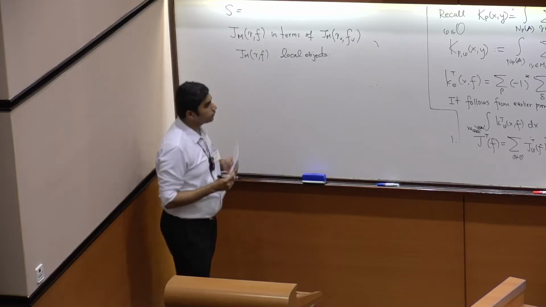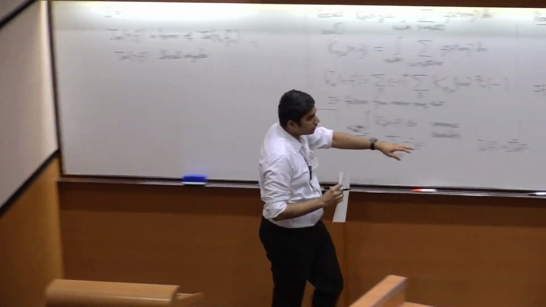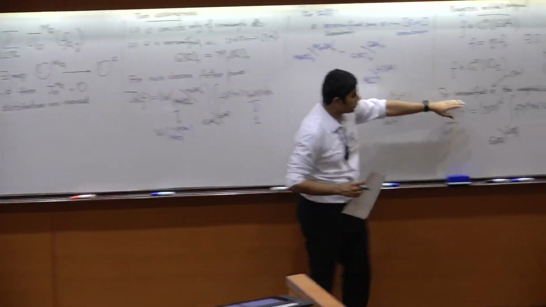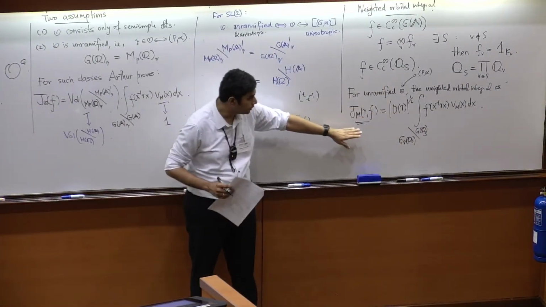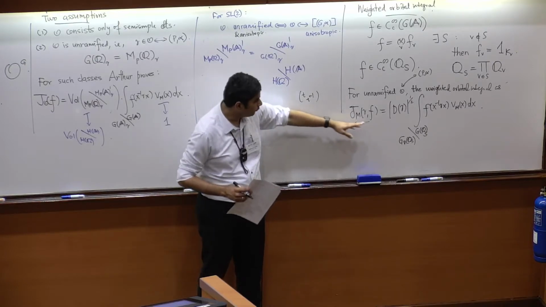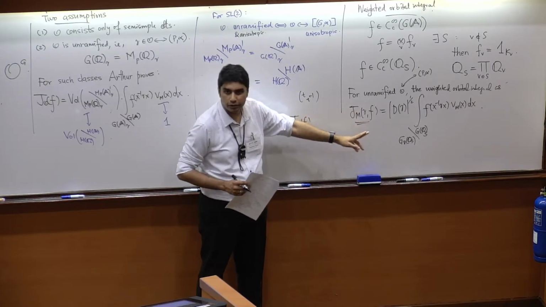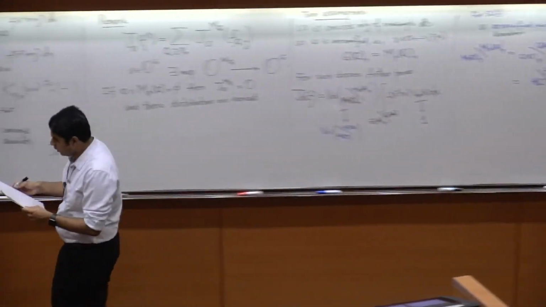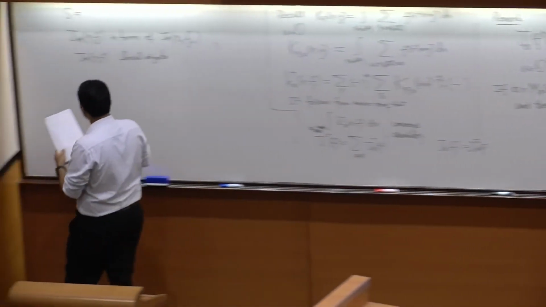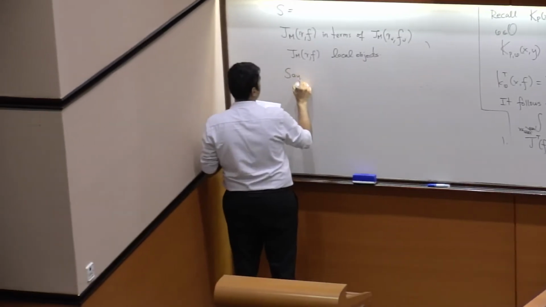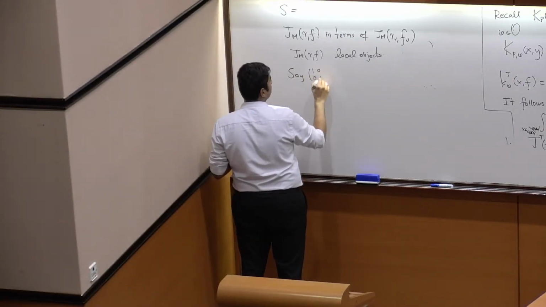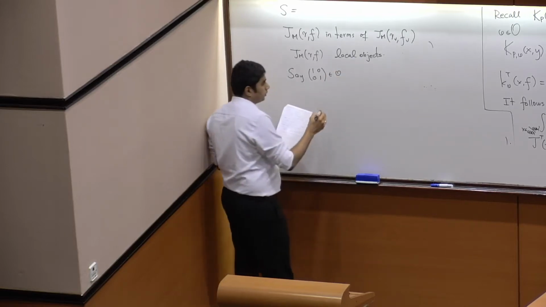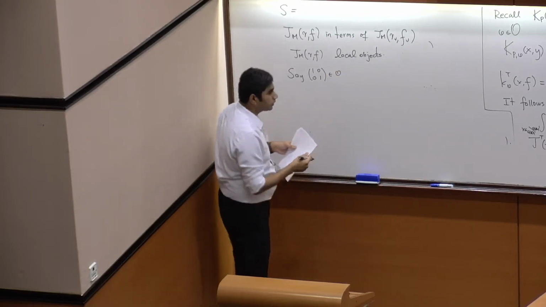Now what happens when the class O is not unramified? If you look at just this expression J_M^γ(f), then this doesn't make sense. Say if you take γ to be the identity element, then this integral diverges. So if you have the identity element (1,0,0,1) inside O, then this is the unipotent variety, and it doesn't make sense.